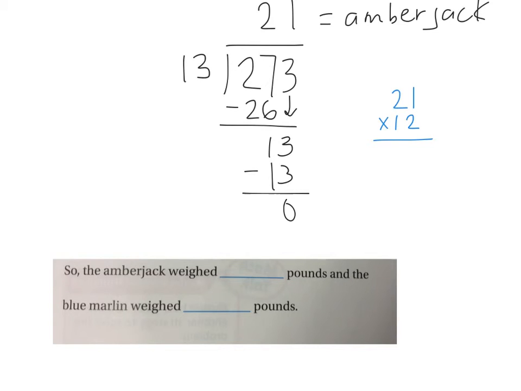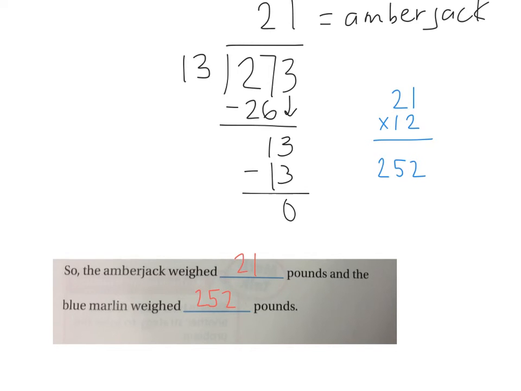I'm not going to waste our time doing it together, so Tomby, what's 21 times 12? I actually think that there's an easier way to solve that. Hang on one second. What's 21 times 12? Liam? 252 pounds. So we know that the amberjack weighed 21 pounds and the blue marlin weighed 252 pounds.